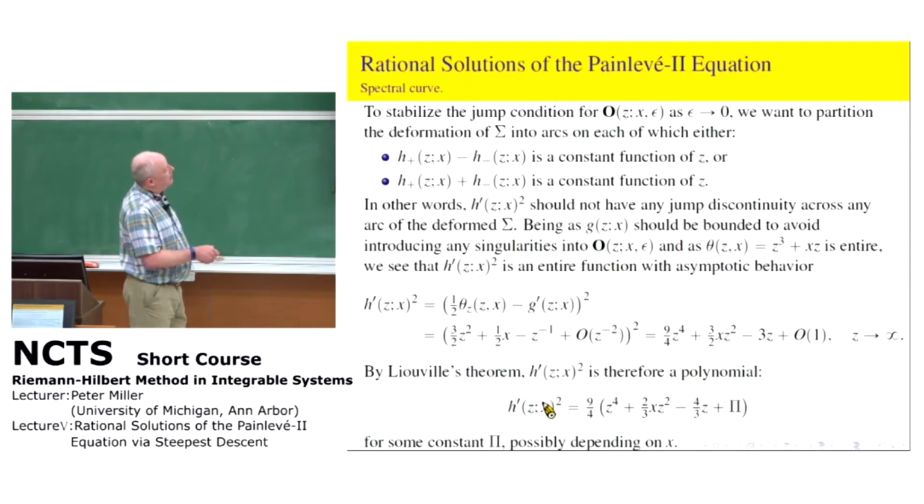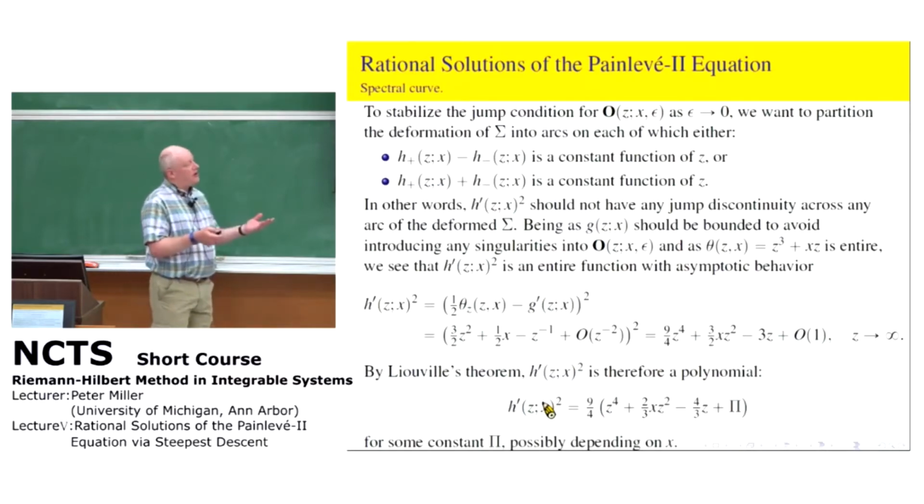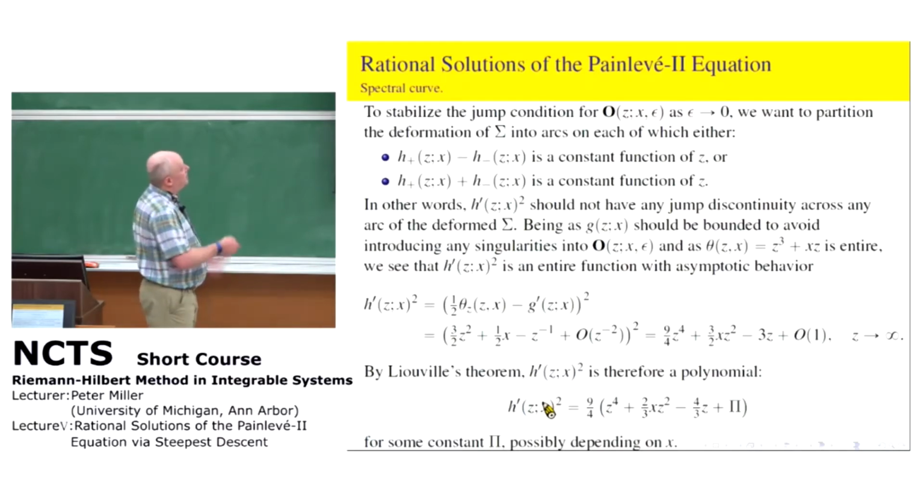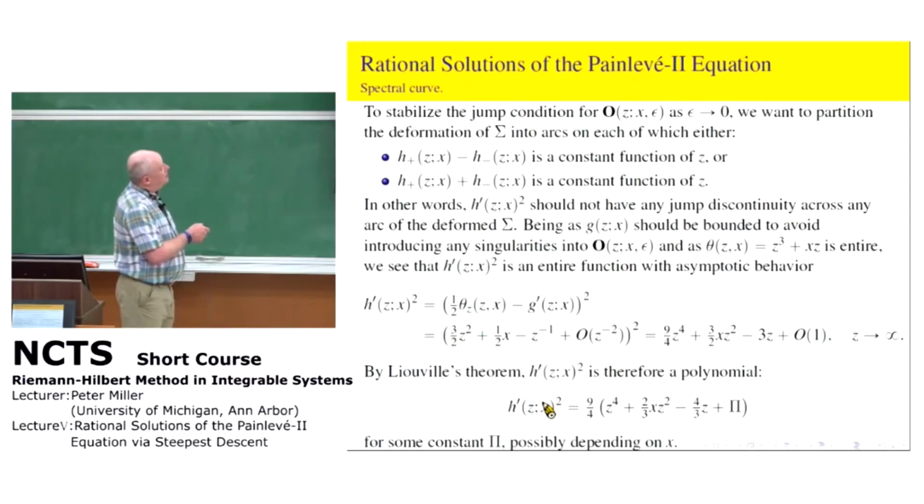So those are exactly analogs of our variational conditions that we wrote down in the last lecture, just written in terms of this function h. So in other words, from here you can see that h prime squared, okay, the prime is going to kill the constant in every case, because the prime means derivative with respect to z.